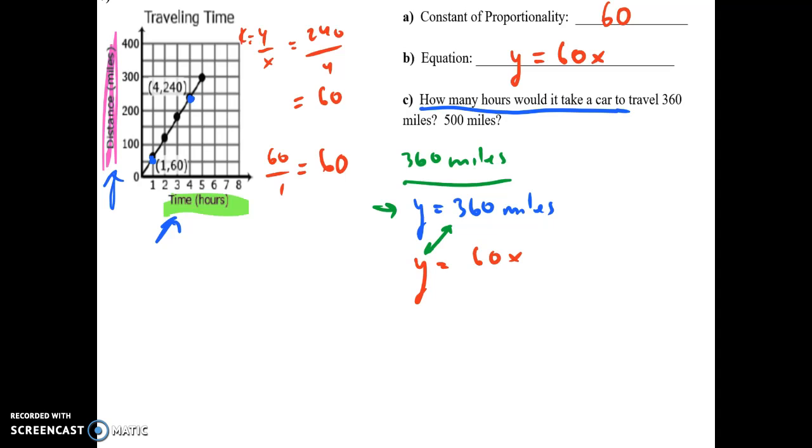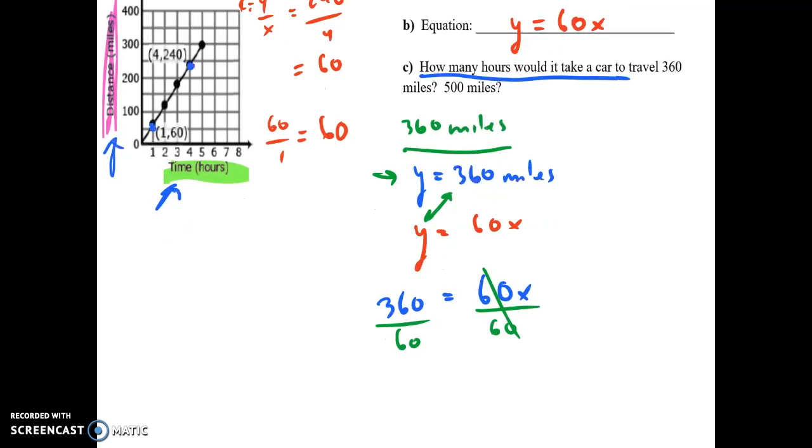So this is going to be rewritten as 360 equals 60x, constant of proportionality never changes, and x is what we're looking for, which is our hours. Now, this should look very familiar. To solve this, we divide by the coefficient in front of x on both sides. This divides to 1. So we're left with x equals 360 over 60. That gives us 6 hours.